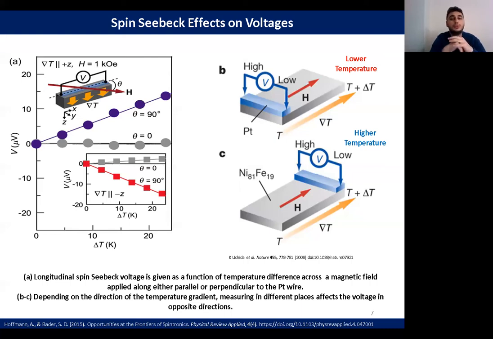Finally, if we remove the platinum layer and try to measure only on the bottom layer, we get the gray curve we see in the graph.